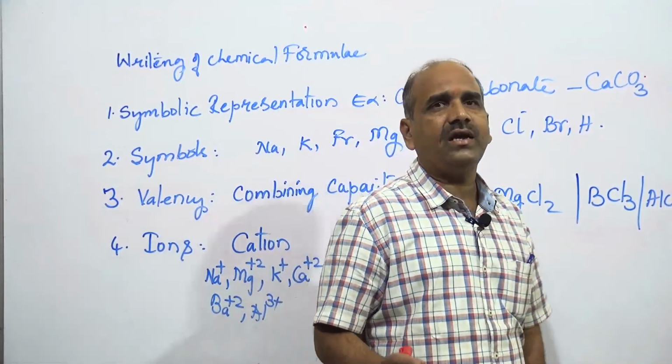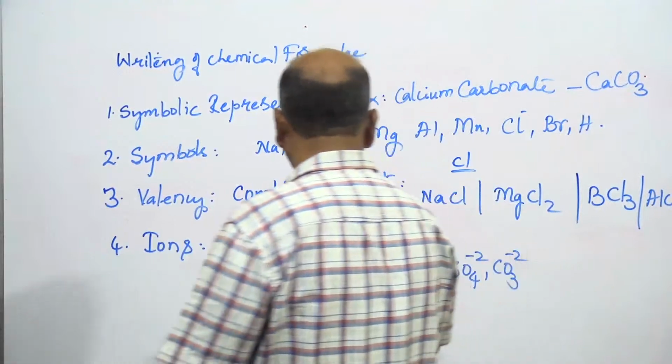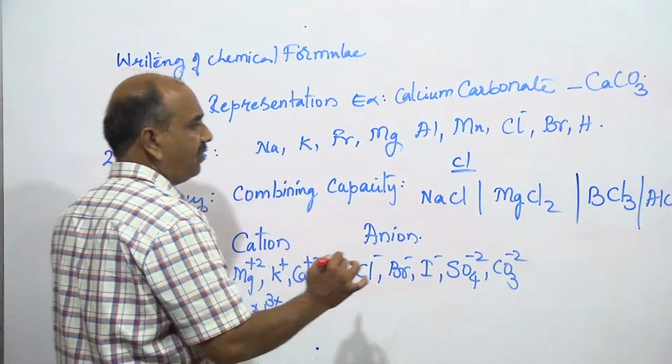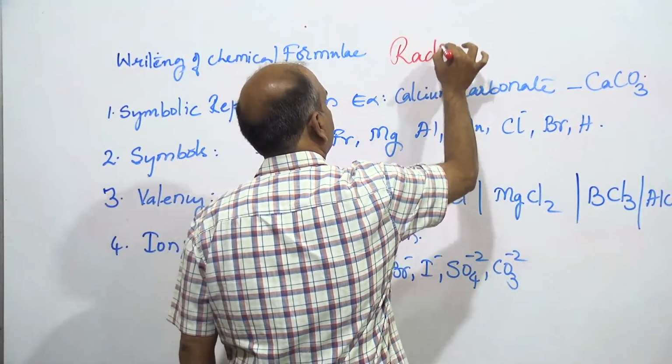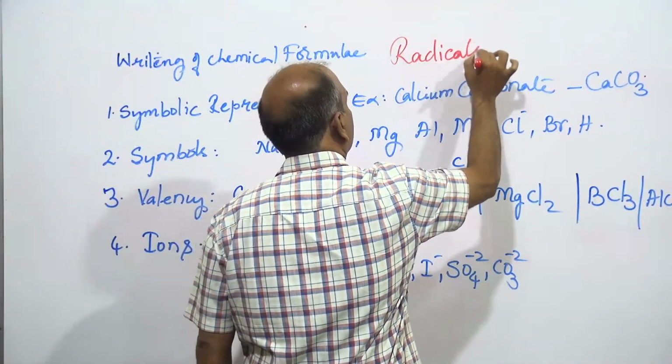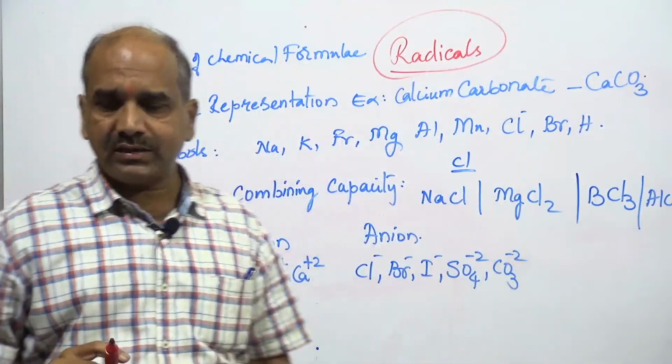These ions have another word in chemistry: they are called radicals. What are radicals?